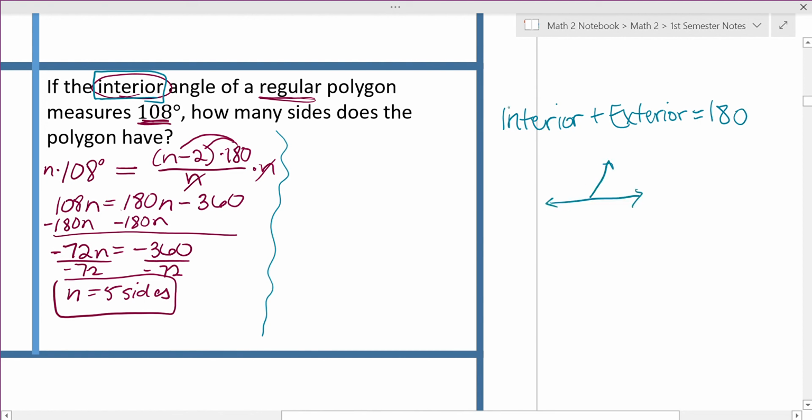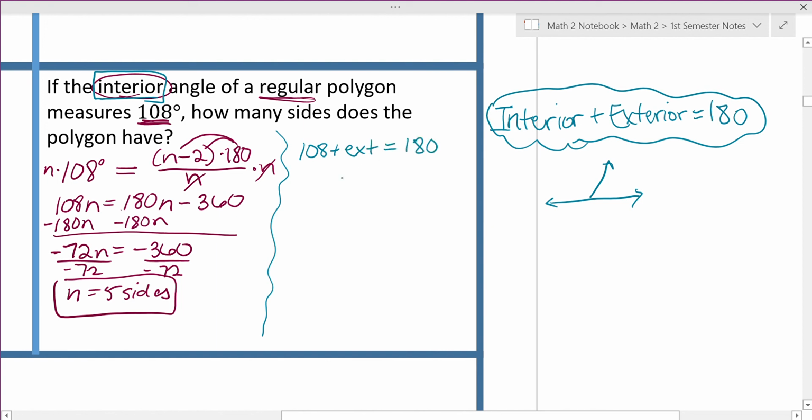So with that knowledge, if I know my interior angle here is 108, then 108 plus my exterior angle must equal 180. So that means that one exterior angle of this figure would be 72, right?